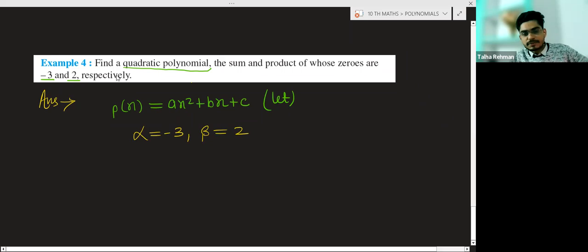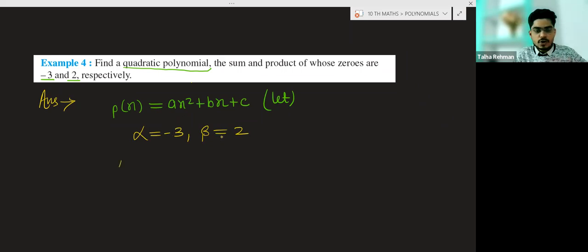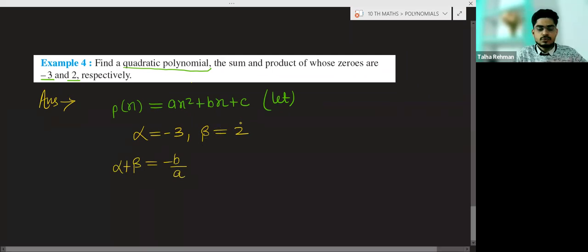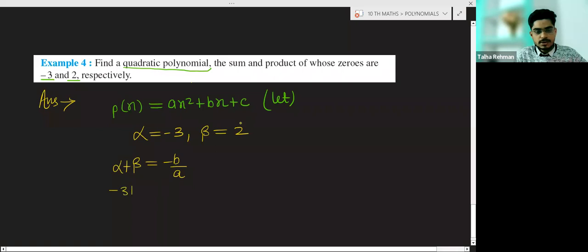Now there is a relation between the coefficients and the zeros of a polynomial. Sum of the zeros of a quadratic polynomial is equal to -b by a. So do the sum: -3 plus 2 is equal to -b by a. So from here what value will you get?